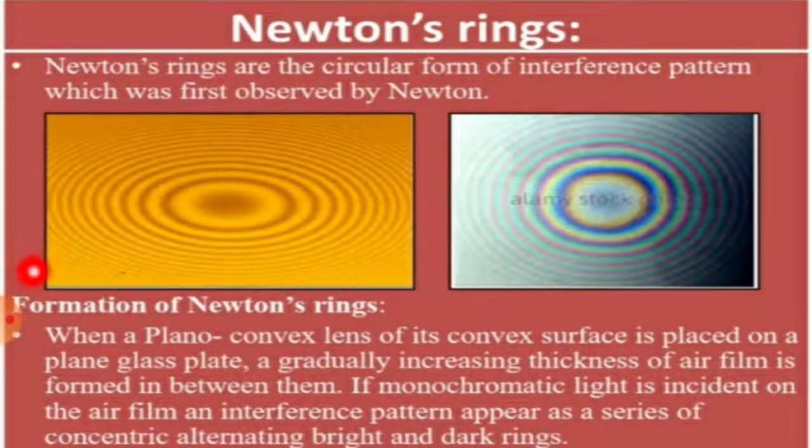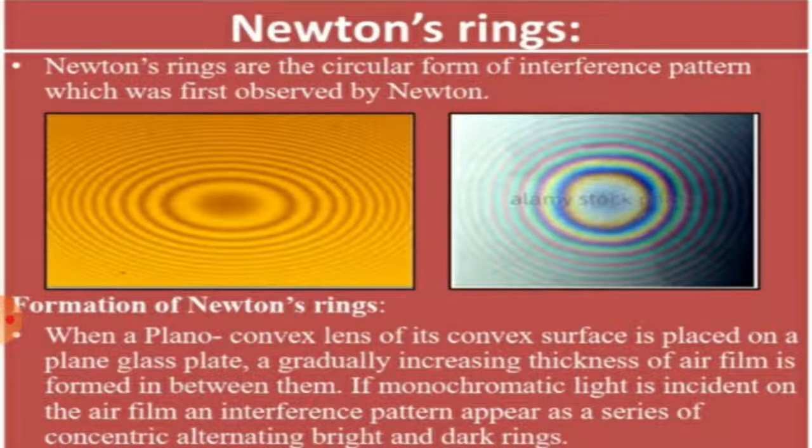Here the rings are formed because of interference by division of amplitude between the waves reflected from the top and bottom surfaces of the circular air film formed between the plano-convex lens and plane glass plate. The light rays reflected at the top and bottom surfaces of the air film interfere and produce a series of concentric alternating bright and dark rings. This is about Newton's rings.